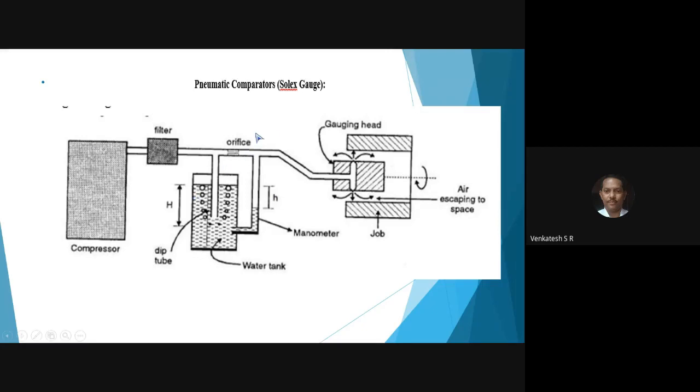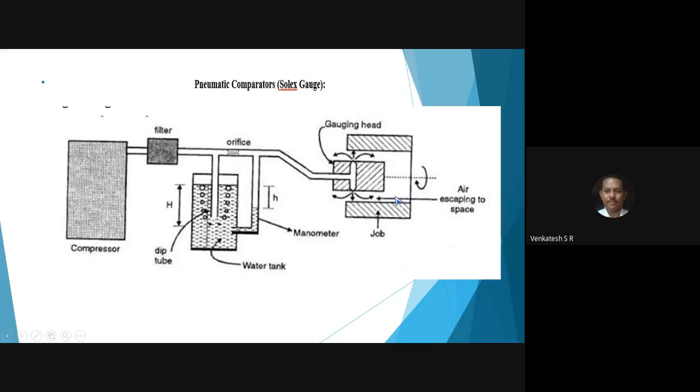Because whichever amount of compressed air passes through the measuring head, which is released in the measuring head, hits the internal diameter of the liner and comes back and passes through the pipe, through the gauging head or measuring head, and comes to the manometer where you can measure the plus or minus reading you have already set for the diameter of the liner or ovality of the liner or straightness of the liner.